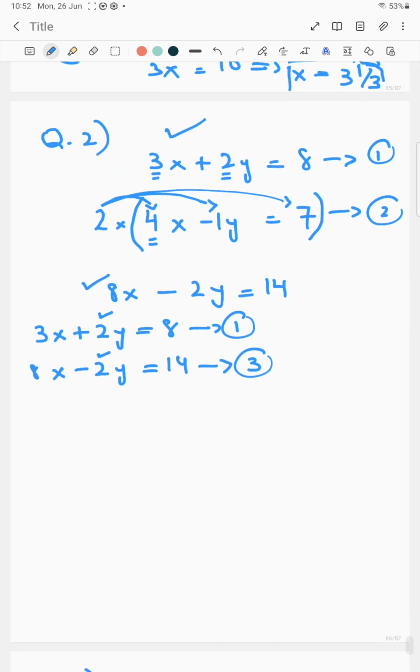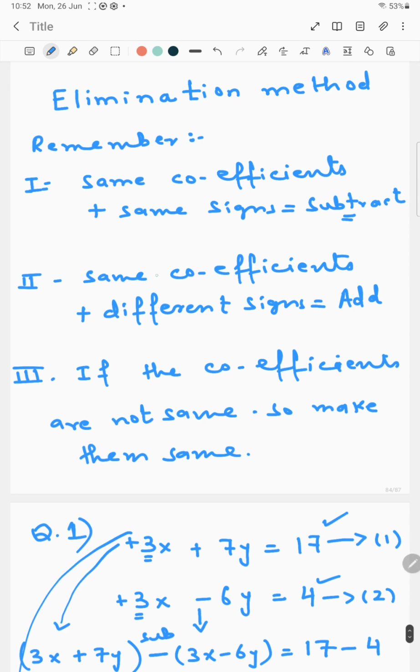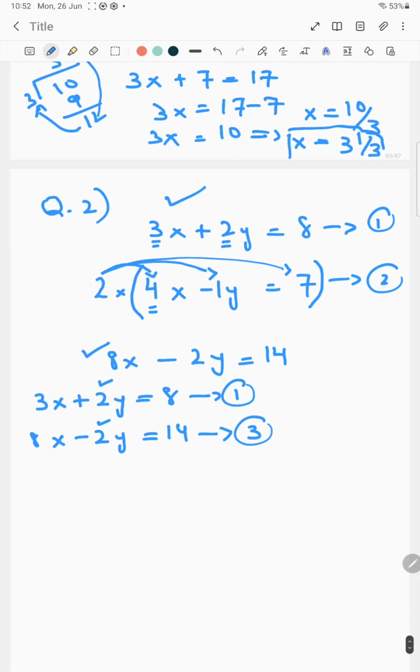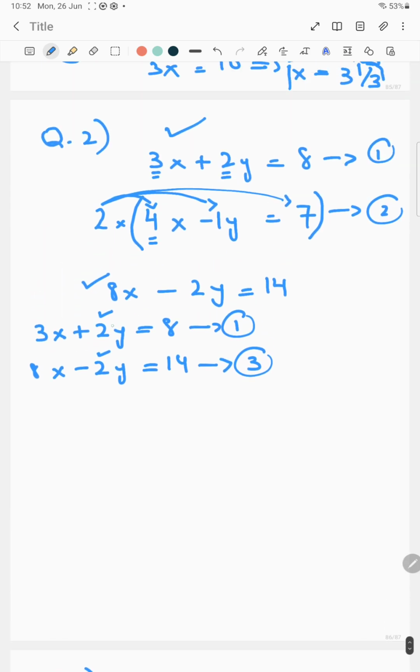Now see the second remember point: same coefficient and different signs, so we have to add them. In this question, we have same coefficients 2y and minus 2y, but with different signs, so we have to add them.